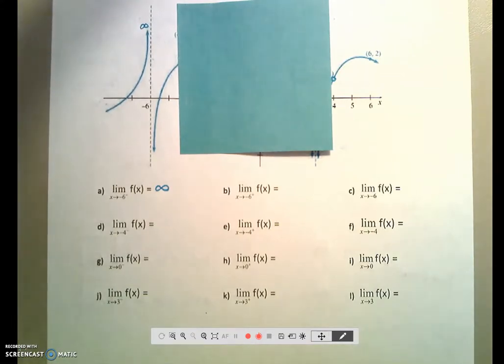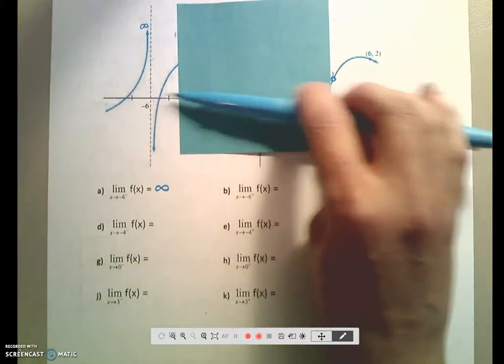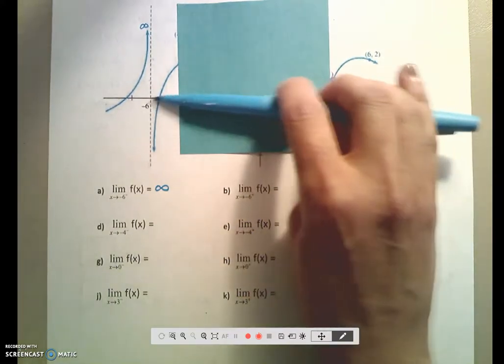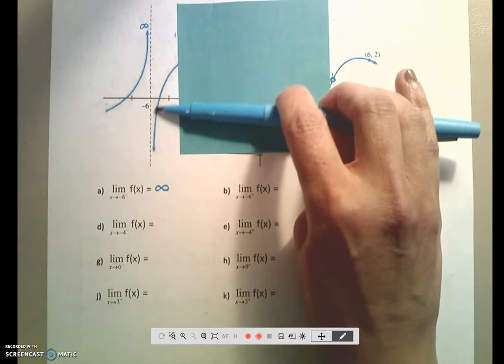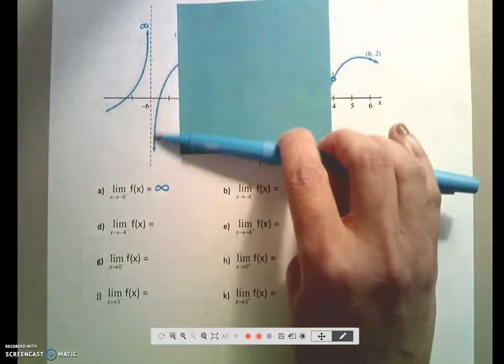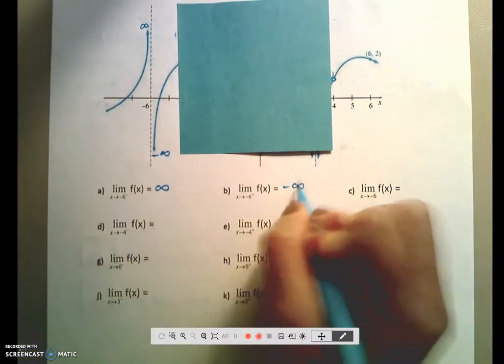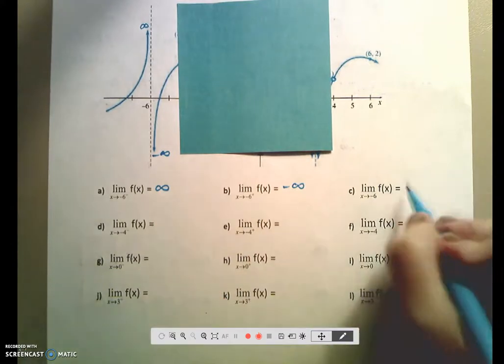What's happening on the right side of -6? Well, remember, don't drive away from -6. You're trying to get to -6. So the road is going to take you down. You're trying to decrease the space here. So that road's going to take you down to -infinity. And do those agree? No.